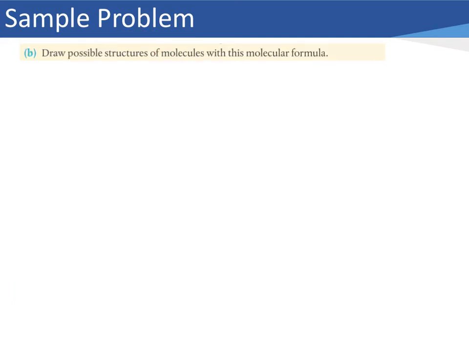Now, you're going to need to pause the video and draw as many possible structures as you can with that molecular formula. Remember, it was C4H8O2. That is our molecular formula. So pause the video, draw as many structures as you can.